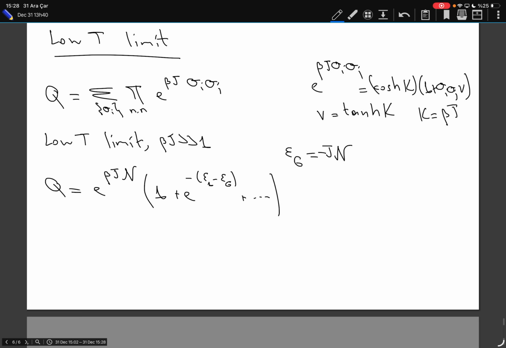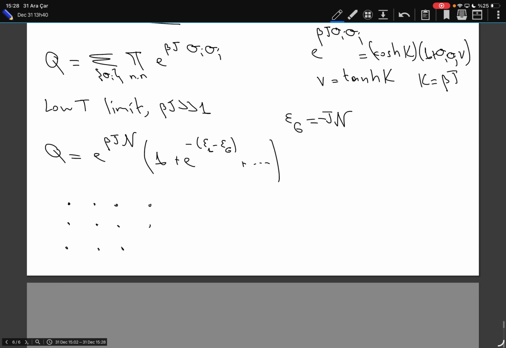Now, what is the first excited state? Well, one of the spins flips sign. Let's say that, again, we have this square lattice. Let's say all of them in the ground state are positive. Let's pick this ground state.